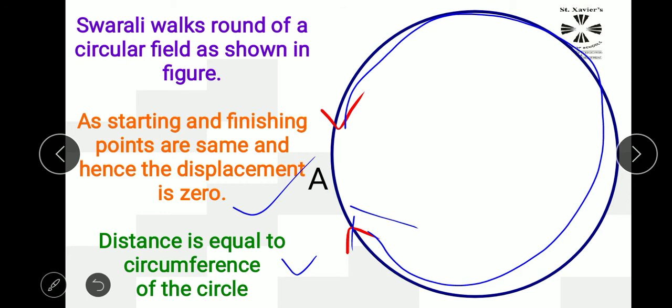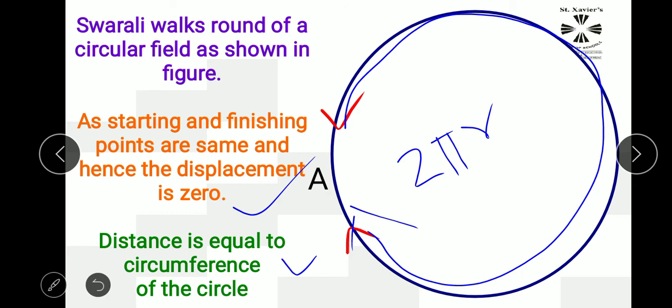As it is a circular path, the distance will be the circumference, 2 pi r, or you can say the perimeter of the circle, 2 pi r. So here distance is 2 pi r, but displacement will be 0 because the starting and finishing point is the same, students.